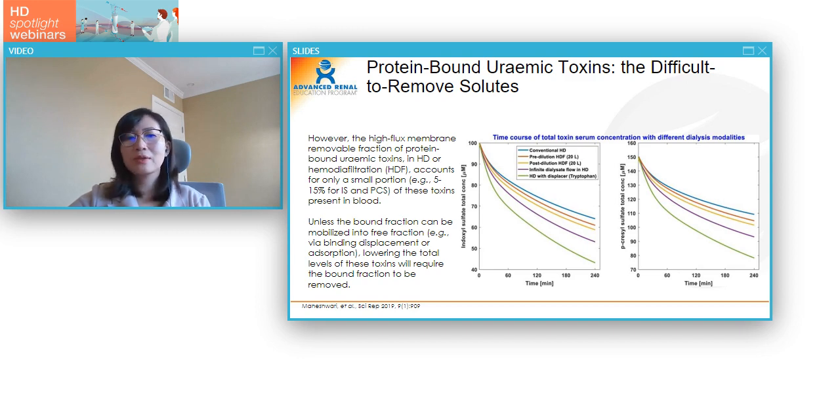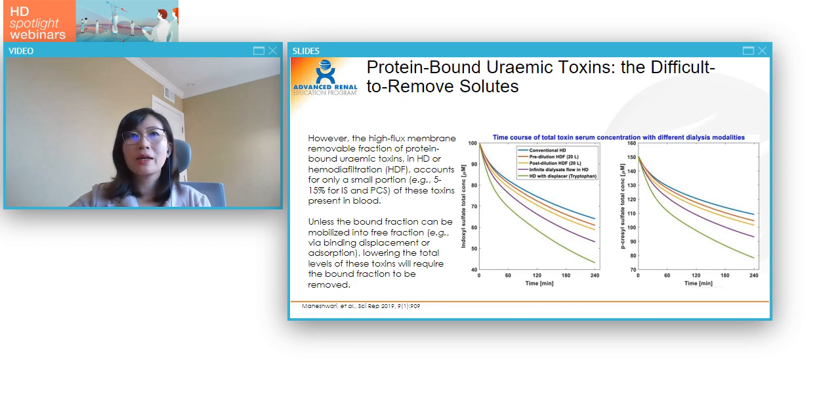Hemodiafiltration could dilute the blood to a large extent, and that would sometimes shift the bound solute into the free fraction. So in this case there could be more free fraction available to be removed, and the convection also contributes very minorly to the removal.